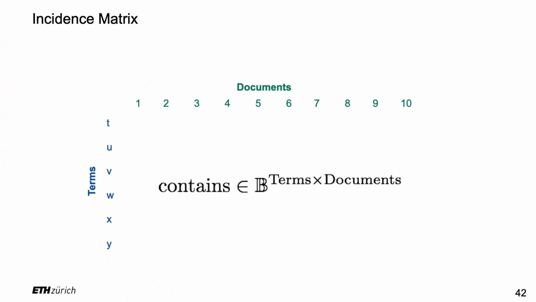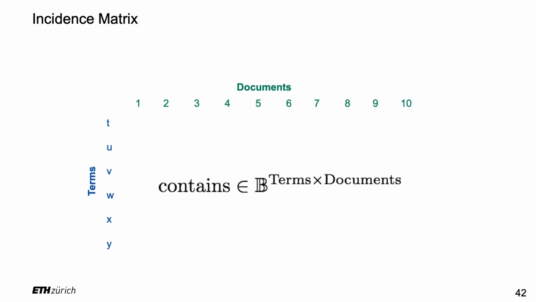Okay. So now if you look at it mathematically, what is this relation contains? Well, that's just a function that associates every pair term-document with a Boolean, right? You can see it as a function from terms and documents to Booleans. Who is used to this power notation for functions?